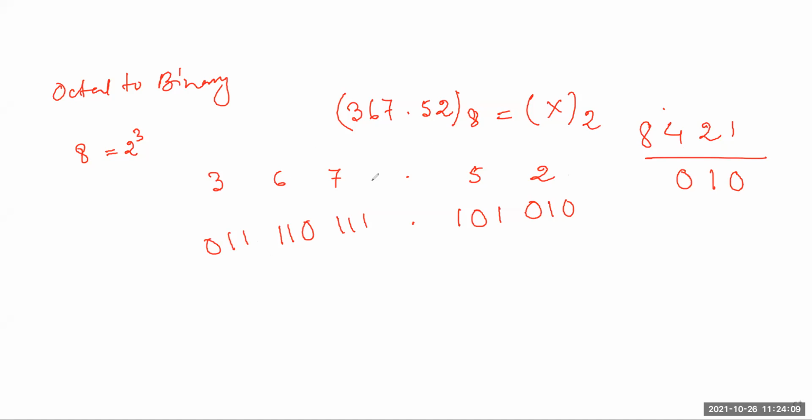This is given, 367.52, and its binary equivalent is 0 1 1 1 1 0 1 1 1 point 1 0 1 0 1 0 base 2. This is the conversion for octal to binary. Is it clear for all of you?